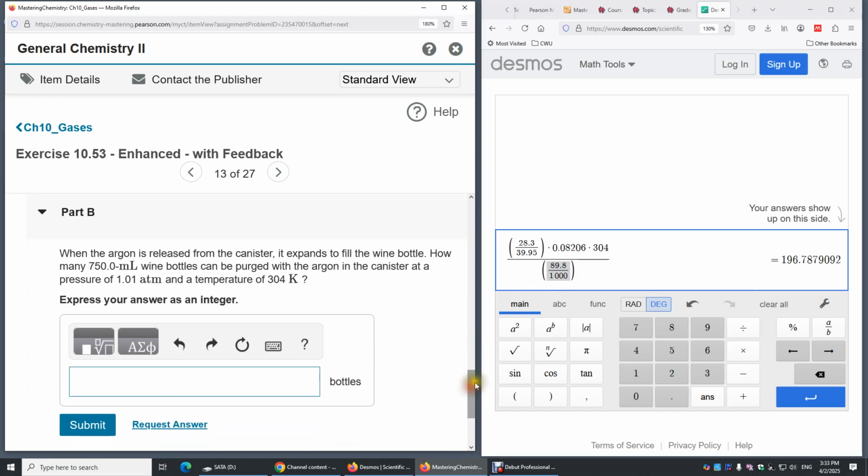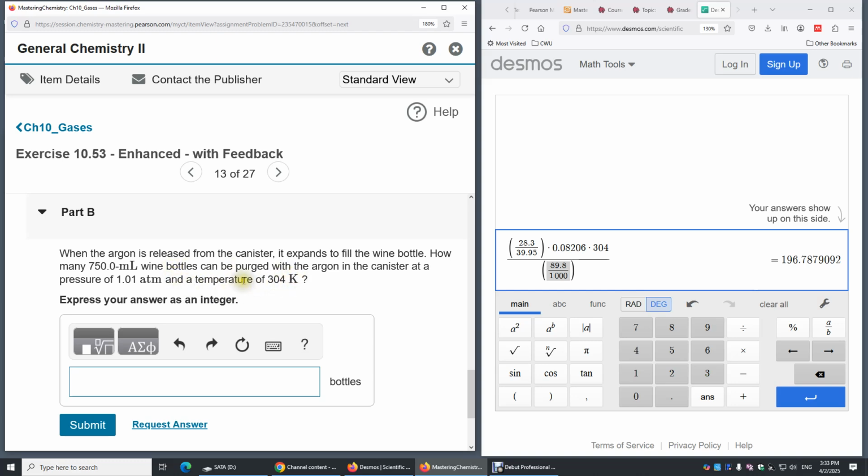Now part B. When the argon is released from the canister, it expands to fill the wine bottle. How many 750 milliliter wine bottles can be purged with the argon in the canister at a pressure of 1.01 atm and this temperature of 304 Kelvin?